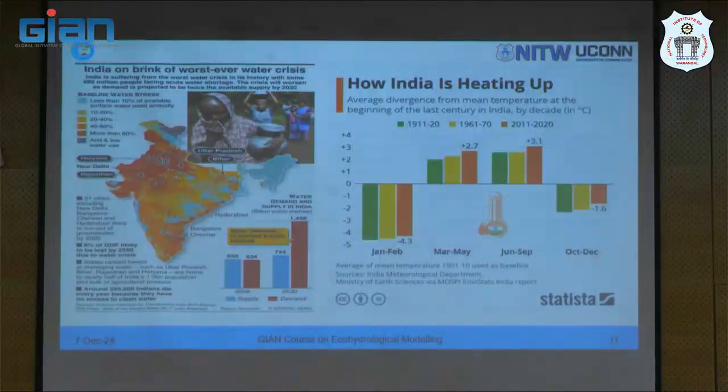And then October through December is also 1.6 degrees warmer than what it was at the beginning of the 20th century. And so clearly the climate is warming in India, and what that does is put an adverse impact on water, on ecosystems, on food production, on health, everything.